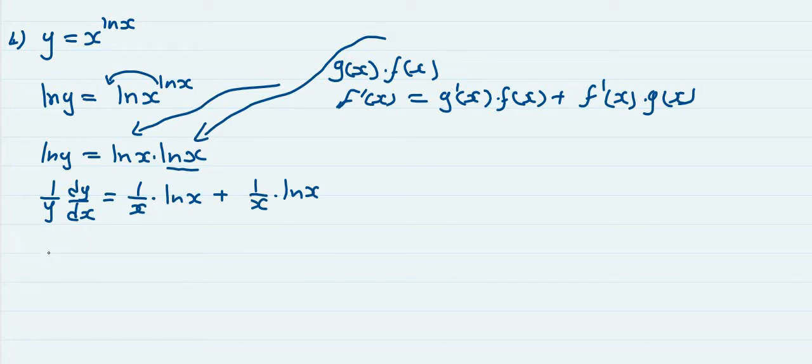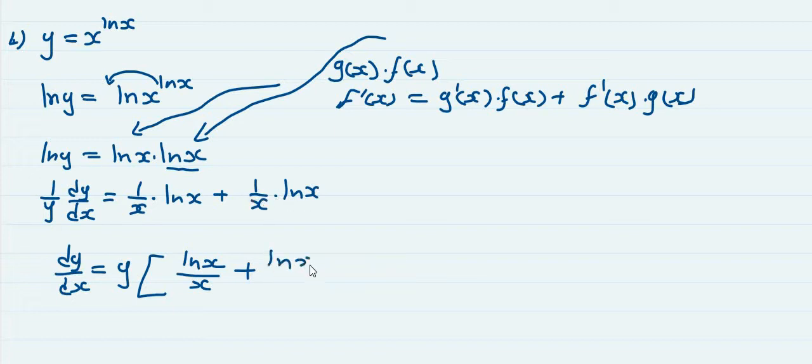Then for dy over dx, we multiply both sides by y, so y multiplied by ln x over x plus ln x over x.